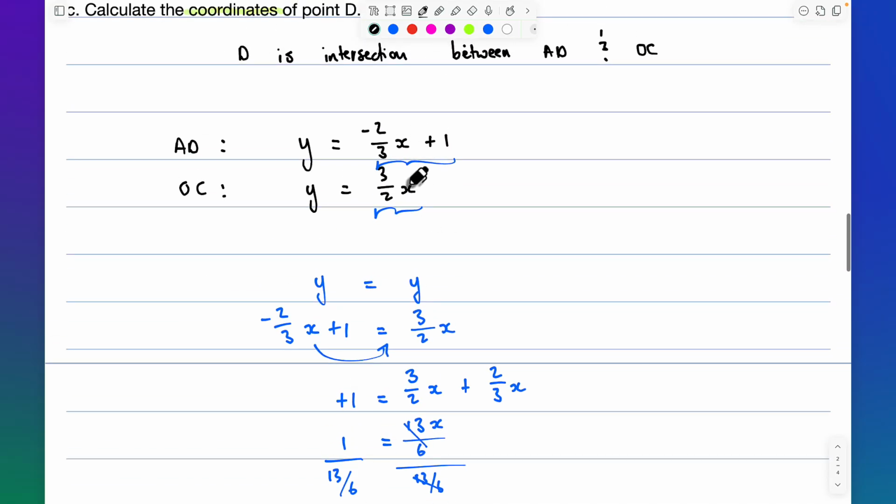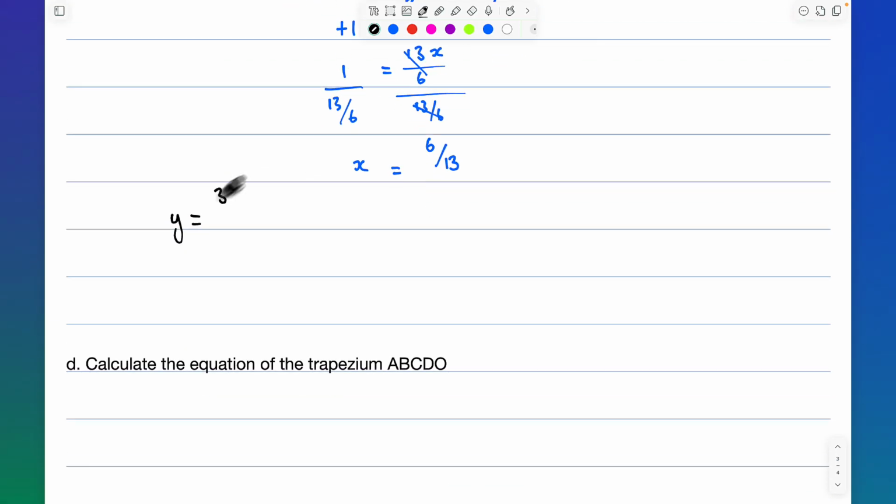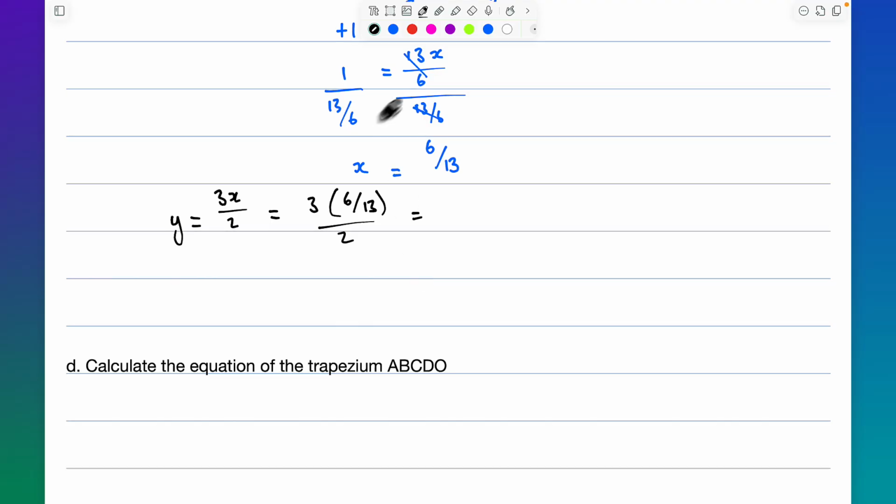I'm going to use the easier one, 3x over 2. So that's 3 multiplied by this value, 6 over 13, divided by 2. That answer is 9 over 13. Again, it's not the prettiest answer, but we work with what we have. So that's your x coordinate and that is your y coordinate.